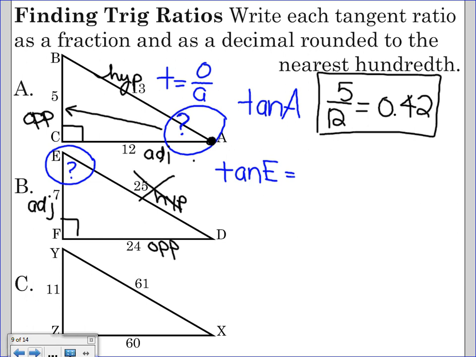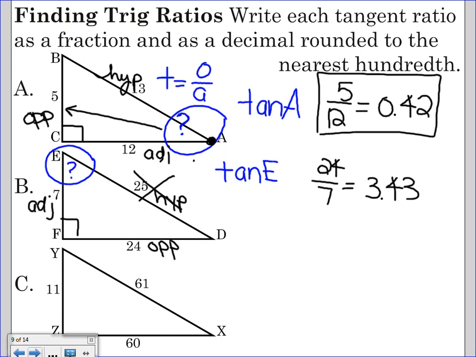Okay, so tangent equals O over A. So what am I going to fill in for O? 24. And A is going to be 7. 24 divided by 7 is 3.43.